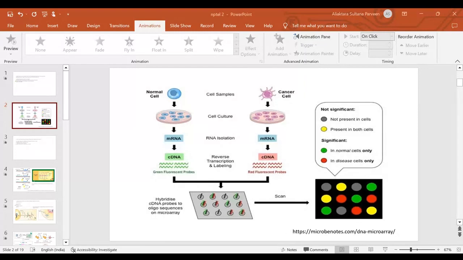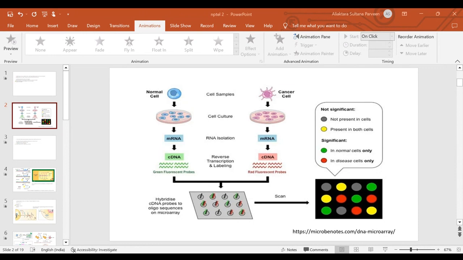It's a very basic process. You collect the sample, do the RNA isolation, then through reverse transcription you form the cDNAs. Then you mix both populations of cDNAs and load them onto each of these spots.